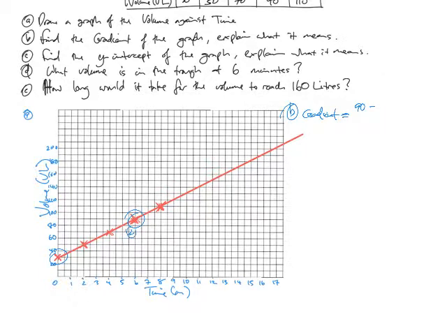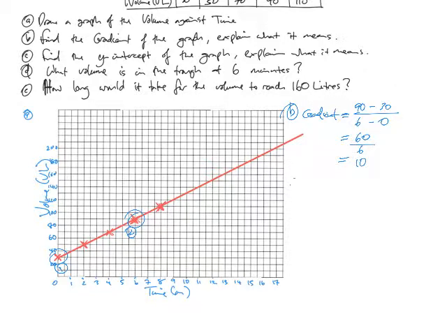The y-coordinate of the first one would be 30, and the x-coordinate would be 6 of the second point and 0 of the first point, so that's going to be 90, take 30 is 60, over 6, that's going to be 10. So a gradient of 10.